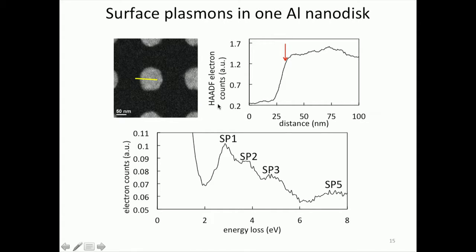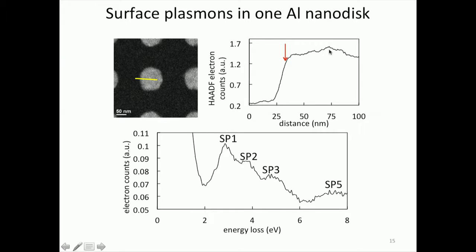For example, we can get images and spectra across this yellow line. Here I show you the image signal, the elastically scattered electron count as a function of distance. You can see there's a small count of electrons, which is the background, and then suddenly there's a sharp rise in the signal. This is basically the edge of my particle.